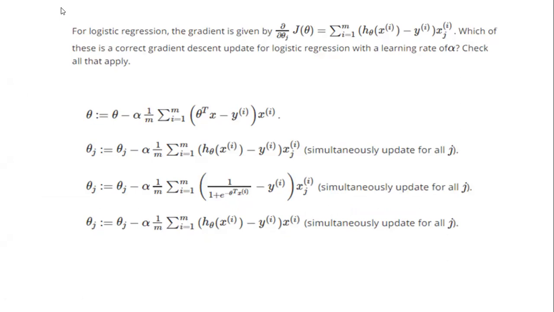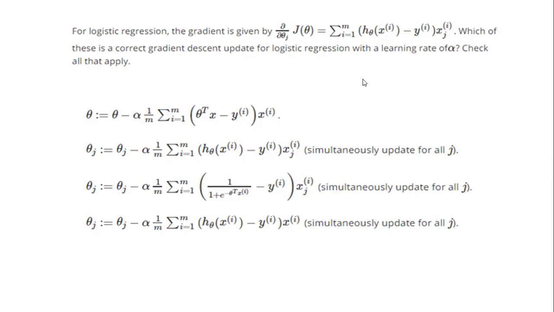Which of the following is a correct gradient descent update for logistic regression with a learning rate of alpha? We saw that alpha, right? So now tell me. I am updating theta, which could be either W1, W2, or beta, the bias, sorry. Which of these is correct?